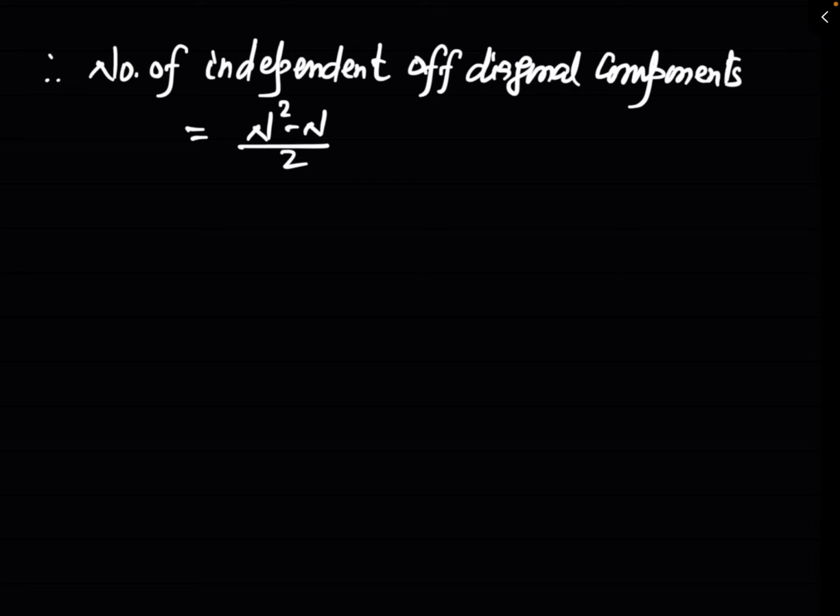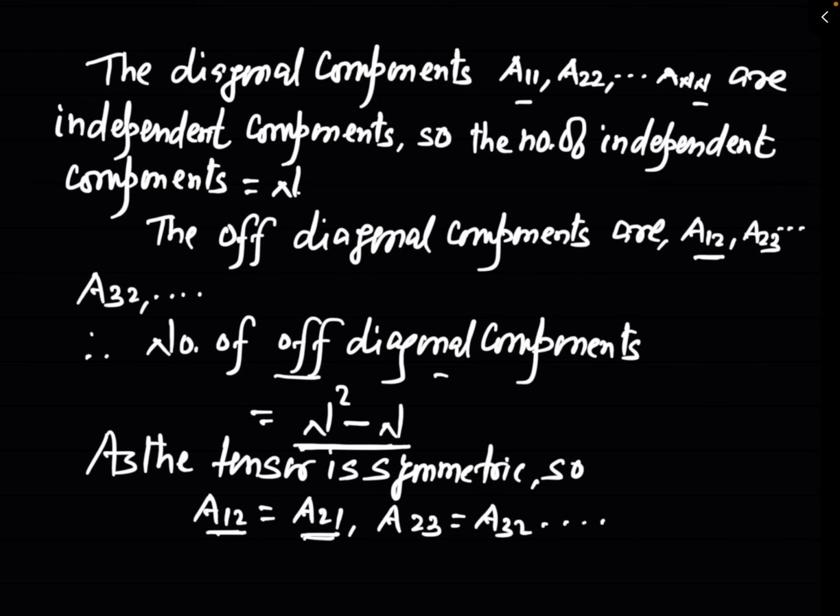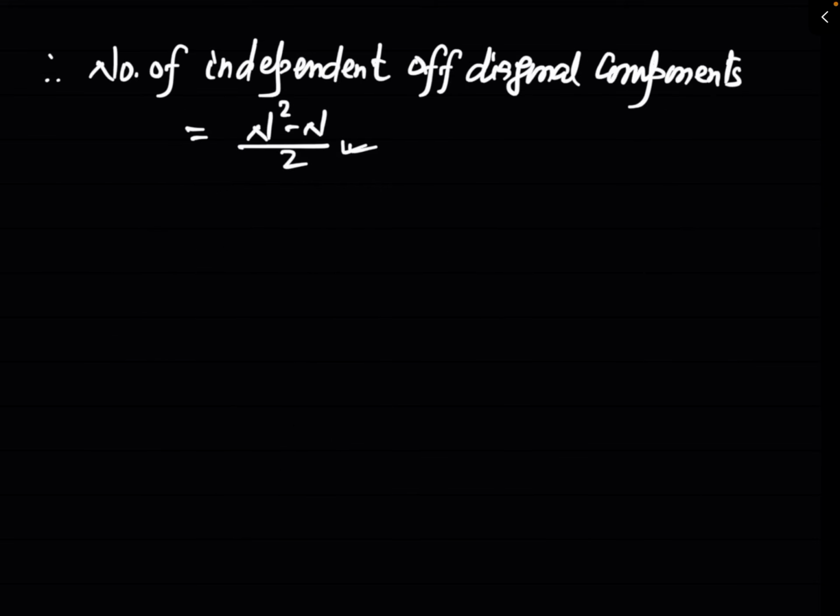Now see here, the total number of independent components which are off-diagonal elements is n square minus n by 2, and the number of components lying on the diagonal of this matrix is n. So now you can say the total number of independent, or different, or distinct components will be the sum of these two numbers.